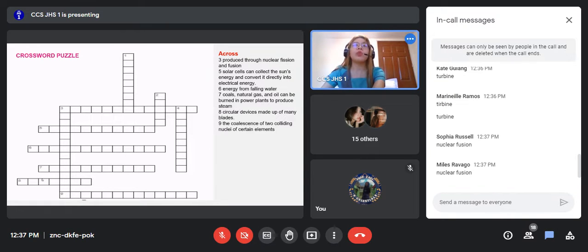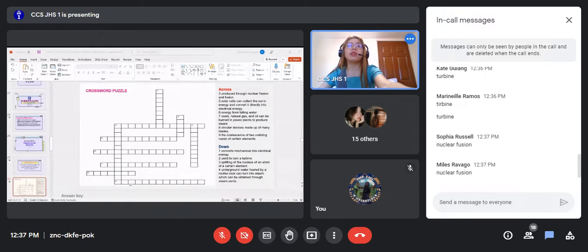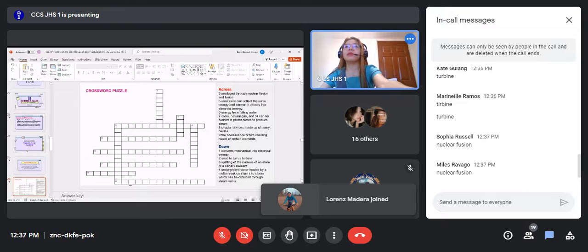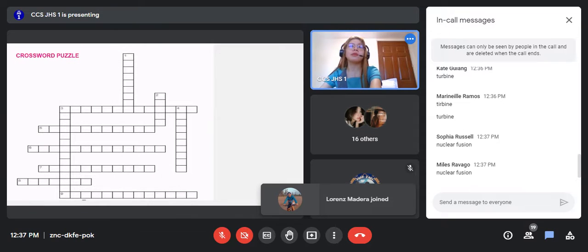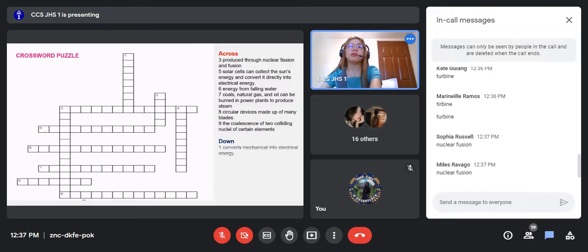Let's proceed to down. Okay, this is 1 down. Number 1, converts mechanical into electrical energy.